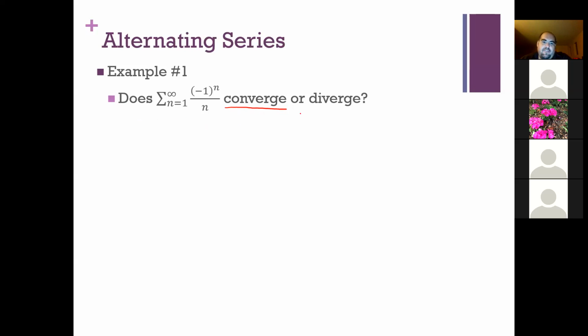But we have a good idea that this series converges. So let's now talk about why. This series certainly has an alternating component, it's -1 to the n, and has a non-alternating component, which is 1 over n.